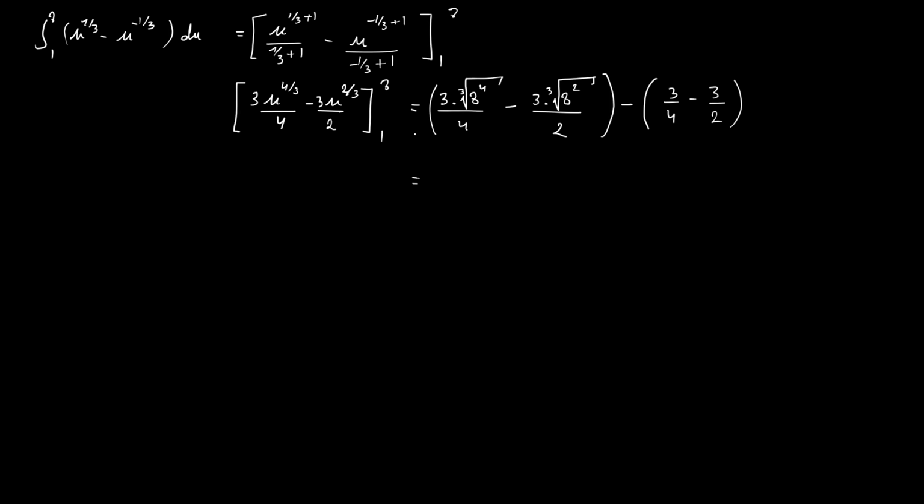Okay, after using your calculator, I hope you get the same result over here as I did. Here you get 48 over 4 minus 12 over 2 minus 3 over 4 plus 3 over 2, which, if you calculate that, becomes 6, and then if we bring those together it becomes plus 3 over 4, so in other words it's 27 over 4.